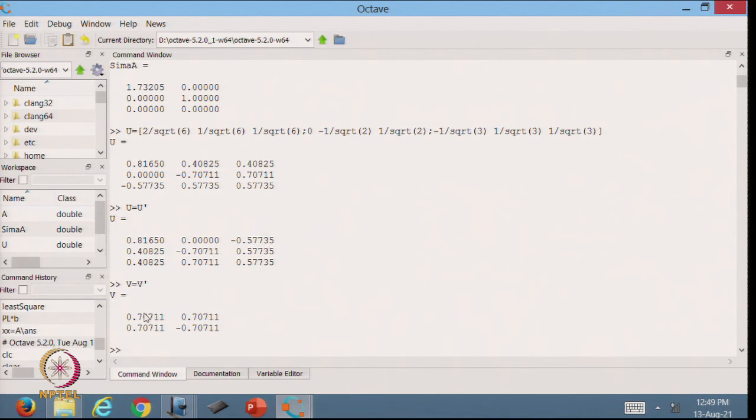The similar is 1 by root 2, 1 by root 2, and 1 by root 2, minus 1 by root 2. So, this is okay now. Now we can take the multiplication U, then I write sigma here, and then I take star and then V transpose.